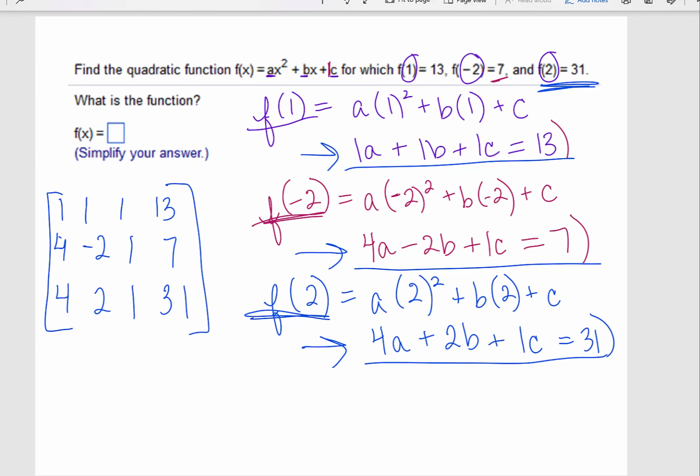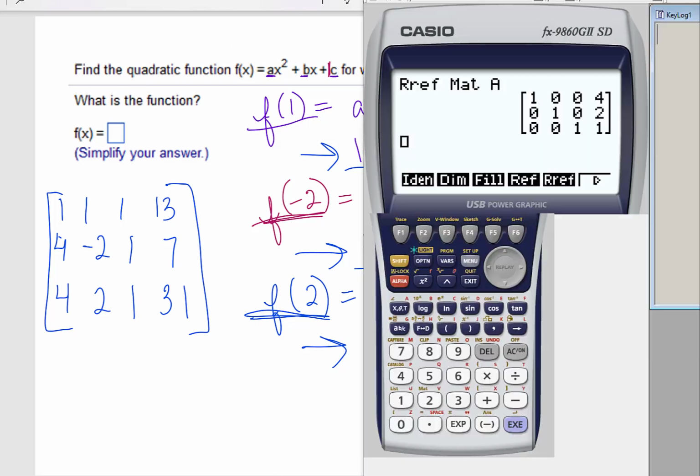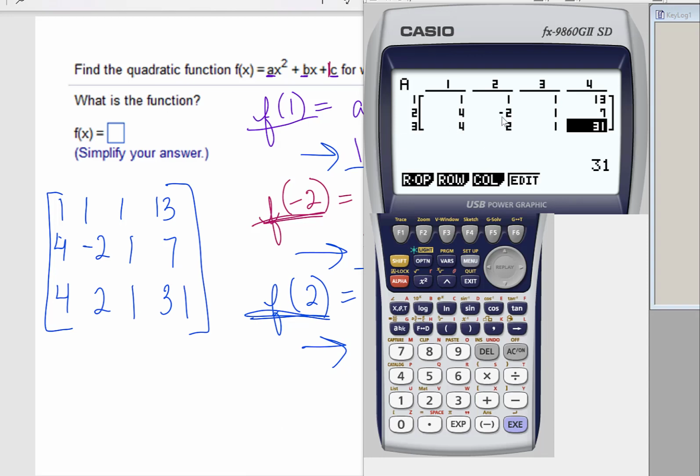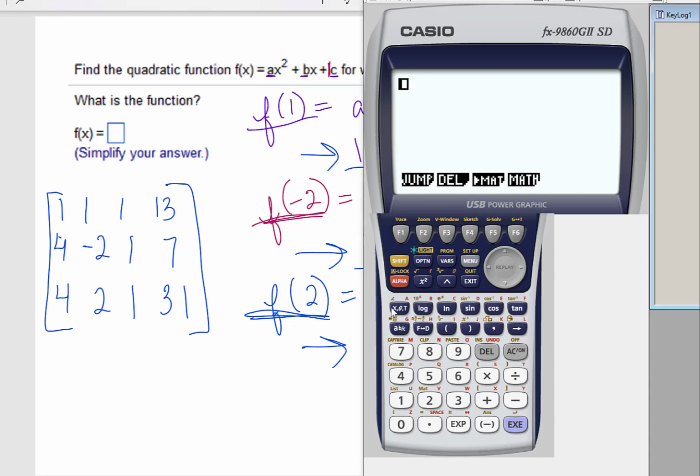Aren't you glad that after we get those equations, we don't have to figure out by hand how to get the x to 1 with the other variables being 0, and then all that good stuff that they show you when you ask for help. So let's go ahead and put this in the calculator. Okay, I've got it entered into my calculator, checking my numbers just to make sure that everything's entered correctly. Exit out.